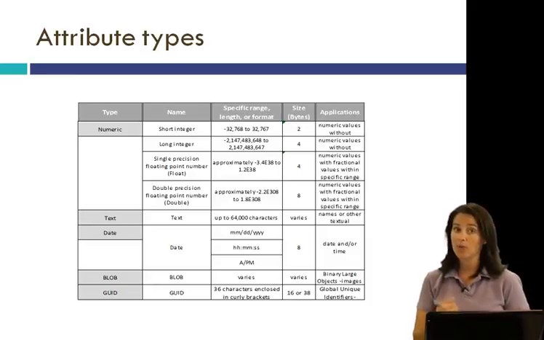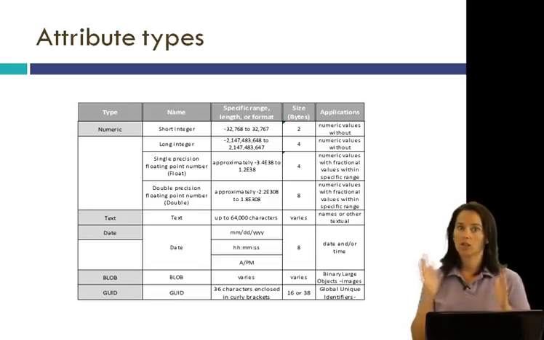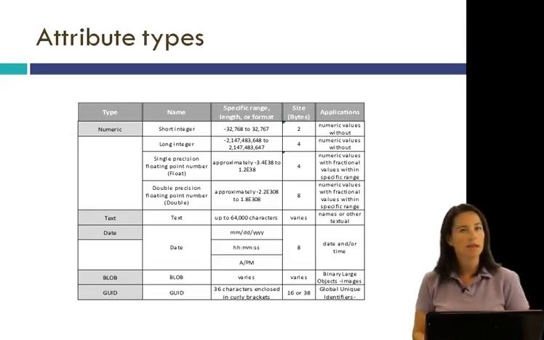If you were to choose a double when you could have used a short integer, you have essentially quadrupled the size of that particular column in your database. The smaller the database, the faster you can run things, so this is important to pay attention to. Now, if you ever think you might need a decimal, make sure that you go ahead and choose float or double. This is something that you cannot go back and change.